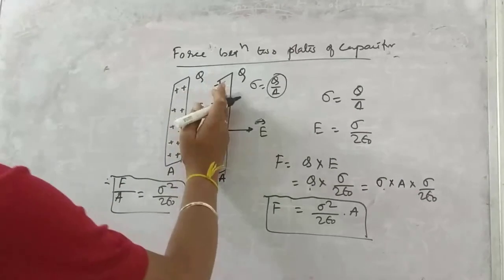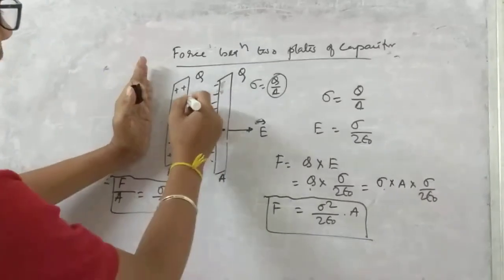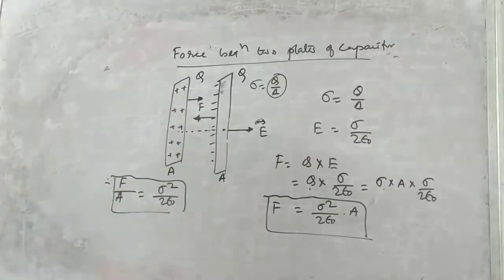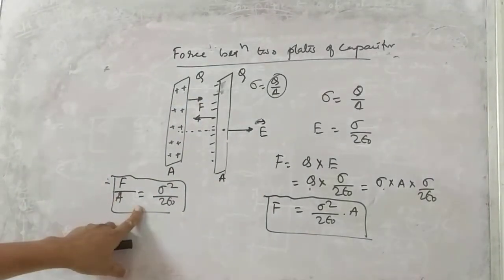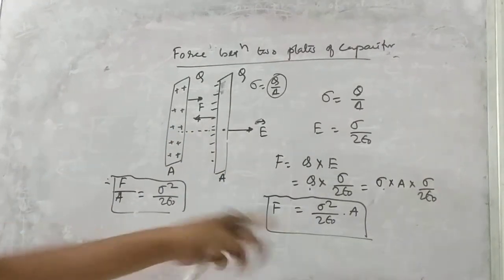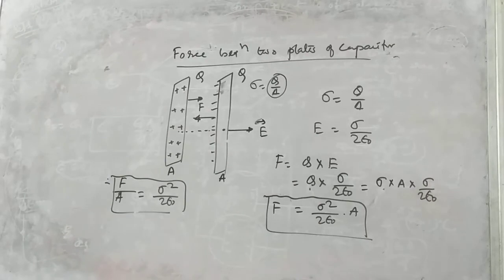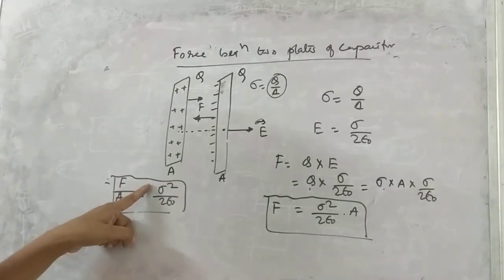Similarly, the negative plate will attract the positive plate by the same amount towards itself. So these two plates are attracted towards each other, and the force acting between them per unit area is sigma square by 2 epsilon naught.